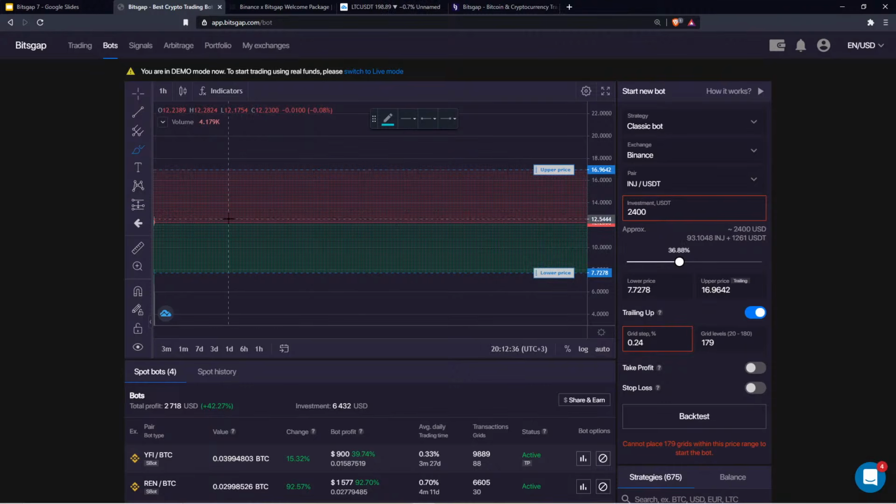You will be able to launch the bot to generate returns on the downfall, which is basically the short selling bot, and you will have the option to launch the long bot, which will take advantage of the rising market. There are tips and tricks related to this new bot, and it's going to be slightly more complicated than the spot bot.